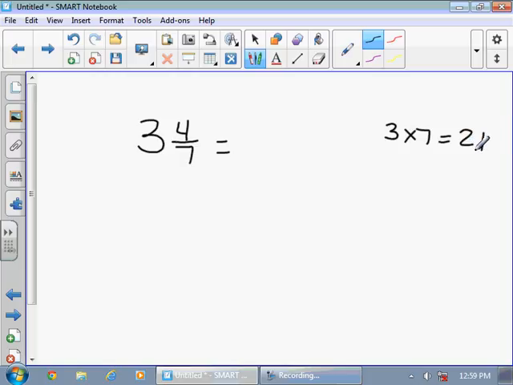Okay, now what was step 2? So this product, so I'm going to take 21 and add what? 4, and that gives me what?